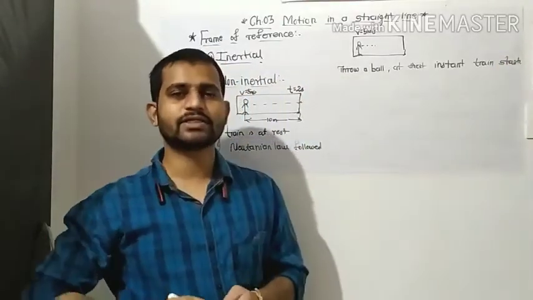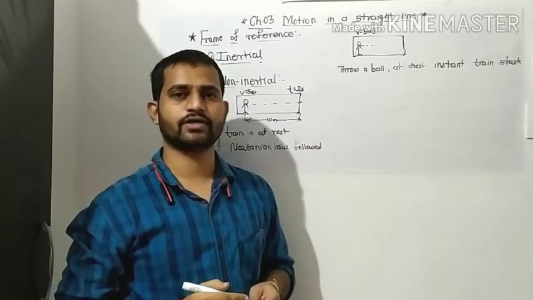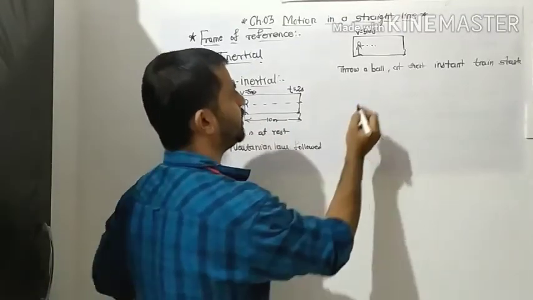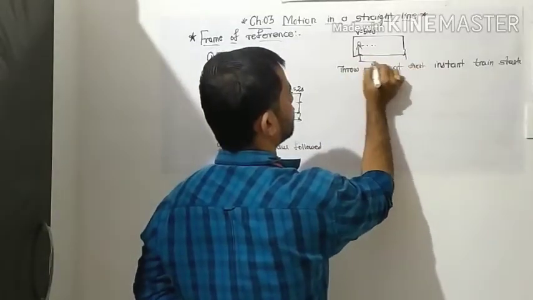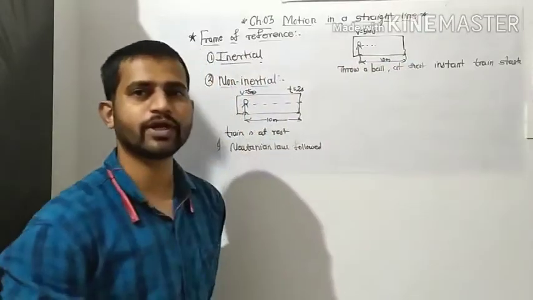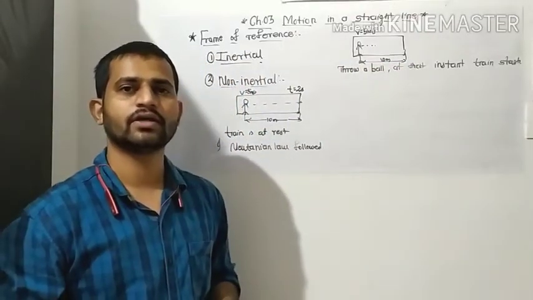At that same instant the train starts. So what will happen there? This distance is 10 meters. Now when we throw a ball with 5 meters per second, what will happen?